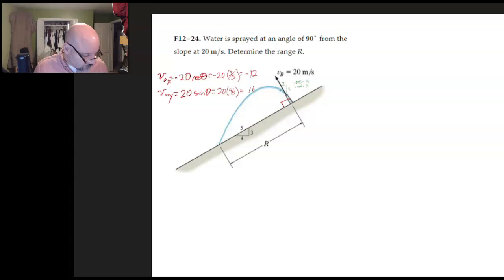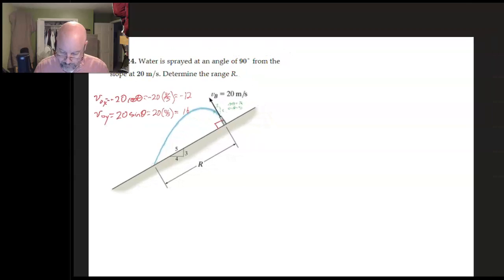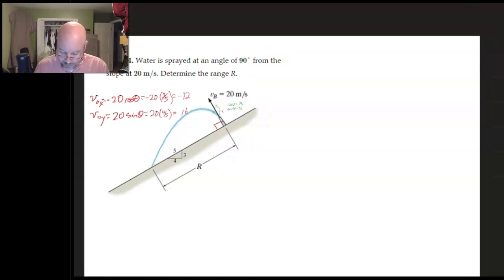So what we're going to do here is look at our X and Y relationships, which is what we've been learning how to do. Our X relationship: any displacement in X is equal to V naught X delta T, and let me put in what V naught X is, which is minus 12.